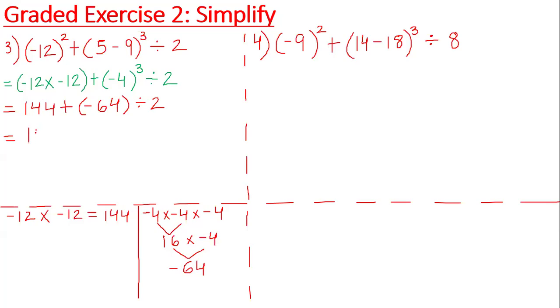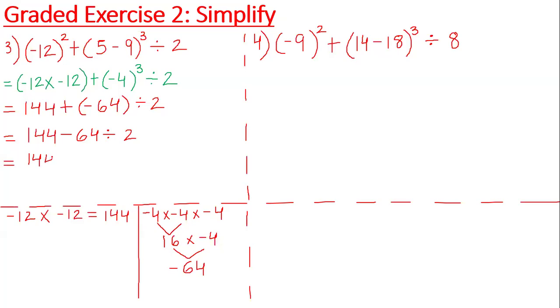It's going to be equal to 144, plus positive times a negative is a what? Negative. So it's going to be negative 64 divided by 2. What is 64 divided by 2? 32.